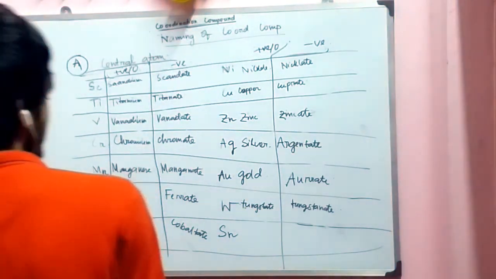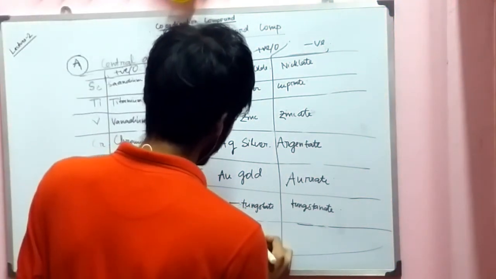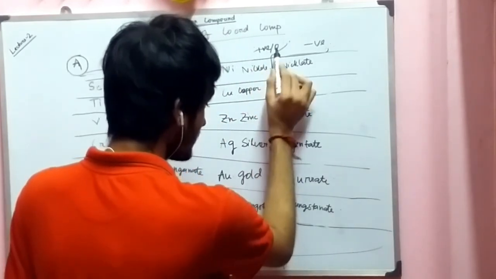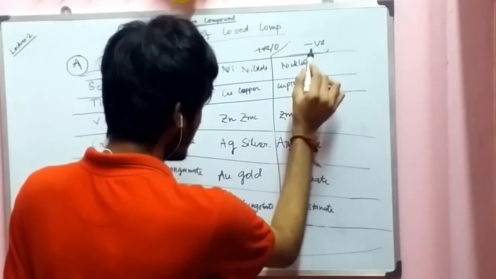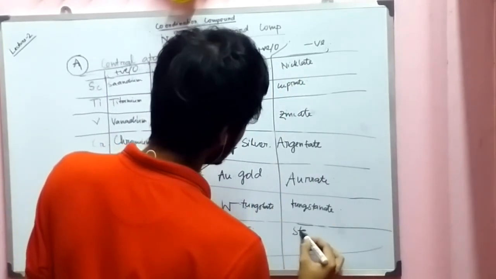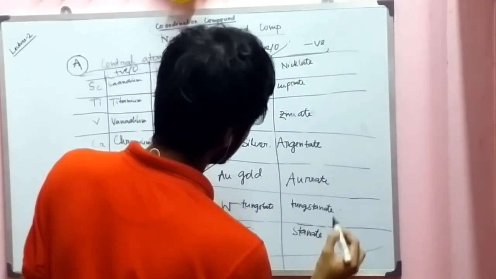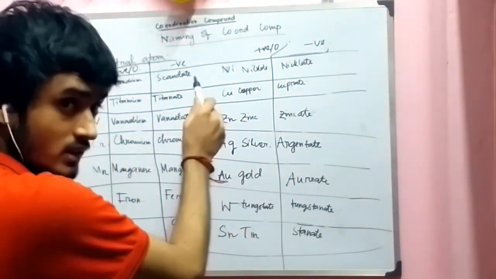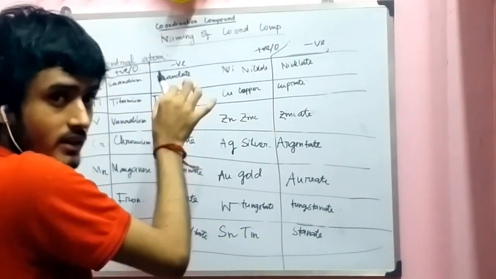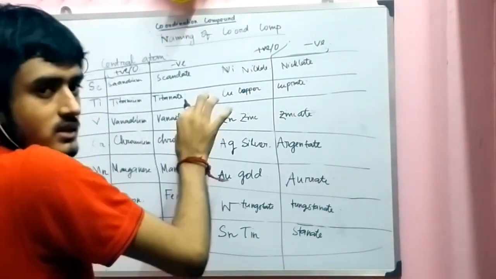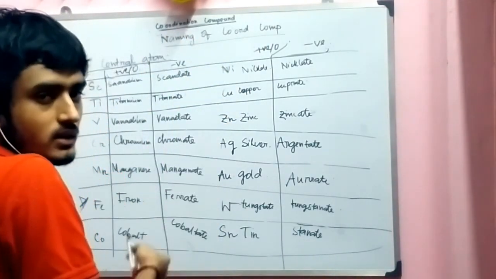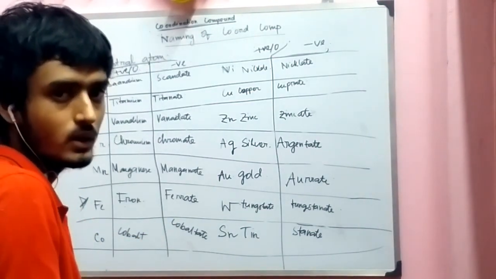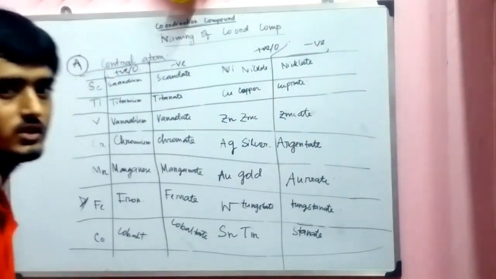And it is tin, if positive or zero charge, no change, and if negatively charged it is stannate. Okay, note down this, very important, practice this. You will be evolving how to name a coordination compound. Take a screenshot or note down this.